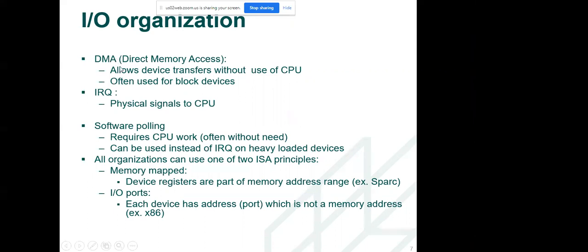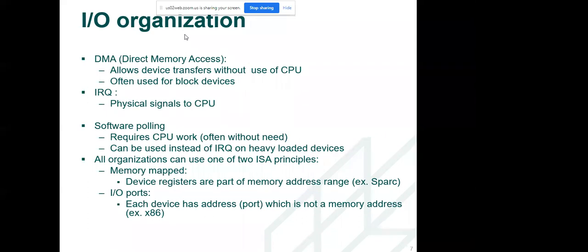This term is for direct transfer, memory to memory, because in programmed input output, the problem was that it used the CPU to transfer memory from one end to different ends.